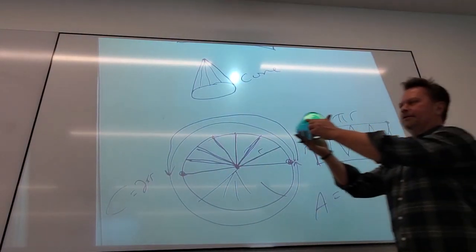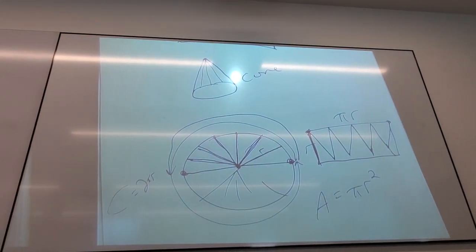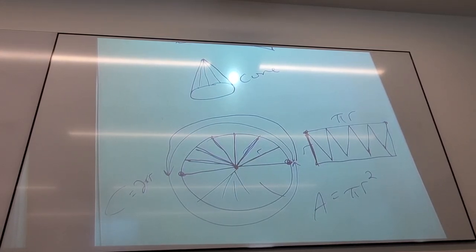What's the area of the base of this? Pi r squared. And let's say it's h tall, yeah. So how many circles are stacked up here? If it's h tall, h of them. Does that make sense? I have h circles.